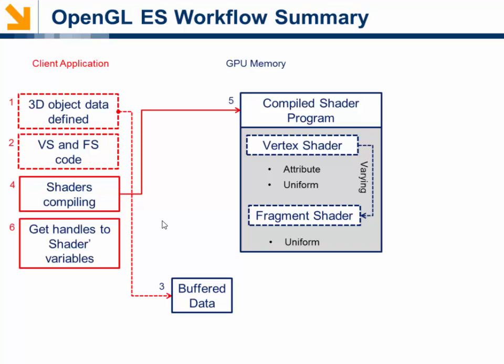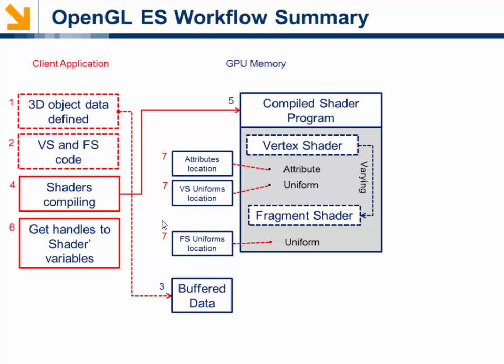That's why we get some handles to those variables, and we obtain their locations: attribute location, VS uniform location, FS uniform location. You see that the varying is not something that we handle from the client code. It's something that is only inside the shader. It's for the shaders only.